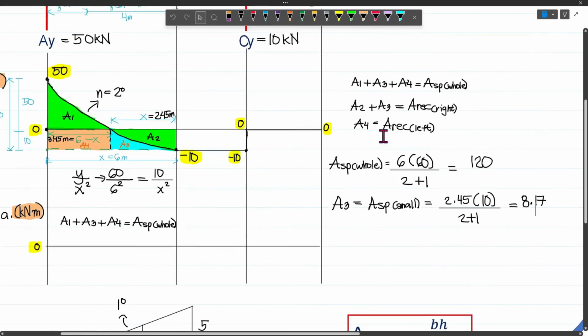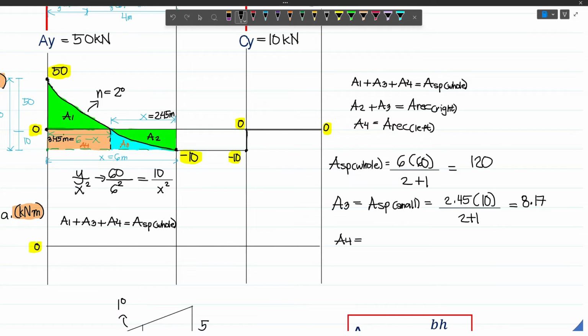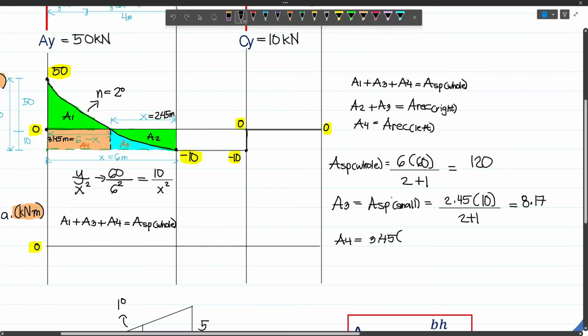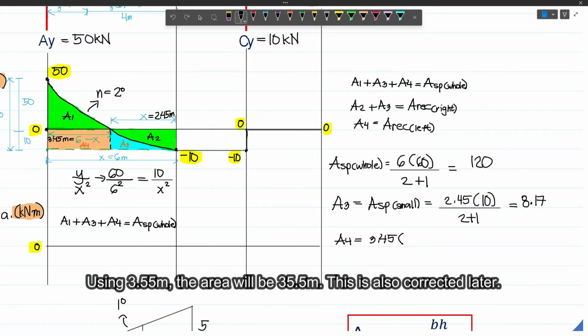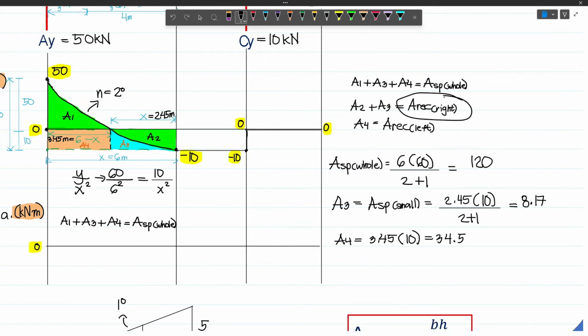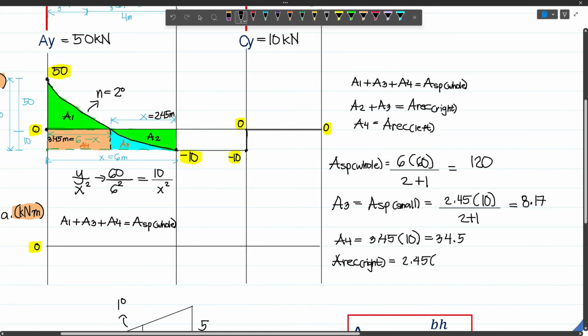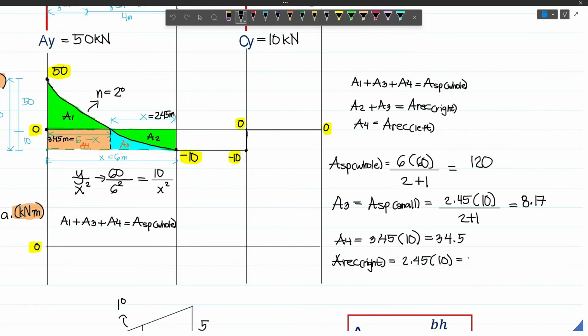And then next, we can solve A4. That will be the base, which is 3.45, times the height, which is 10, or this distance. And so this will be 34.5. And then for this rectangle at the right, that will be the base, which is 2.45, times the height, which is 10. And so this will give us 24.5. And so I will just color this one. This is A3 and this is A4.